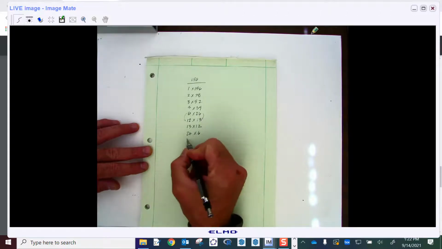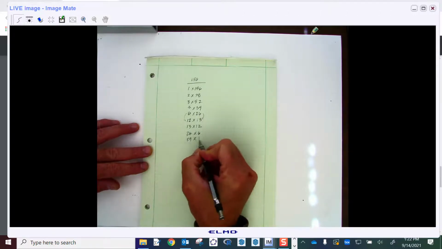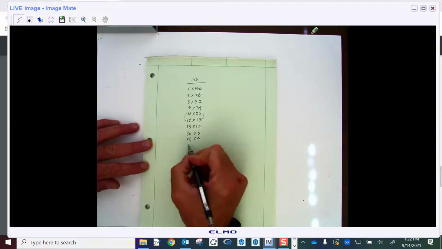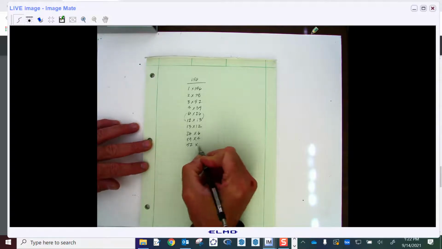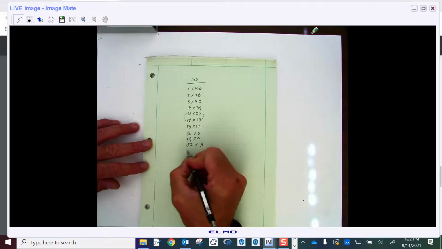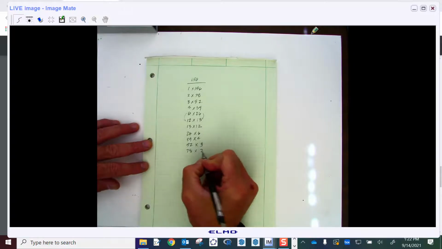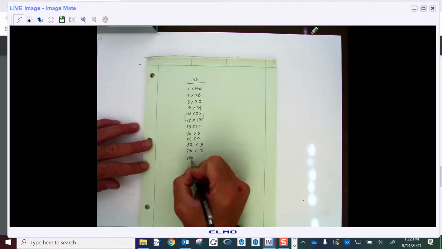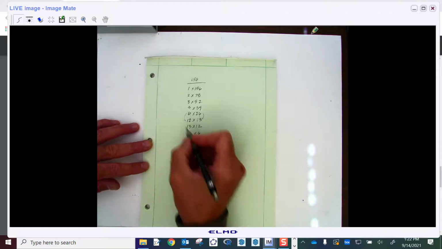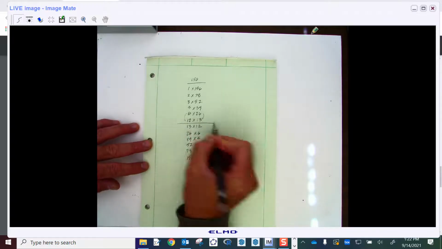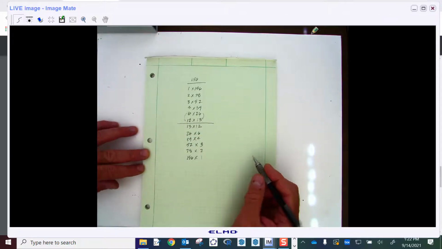And of course 39 would be the next one, and it would be times 4. And 52 would be the next one, and it would be times 3. And 78 would be the next one, times 2. And then 156 would be the next one, times 1. So you can see that if you adopt this search strategy, there is some symmetry here.